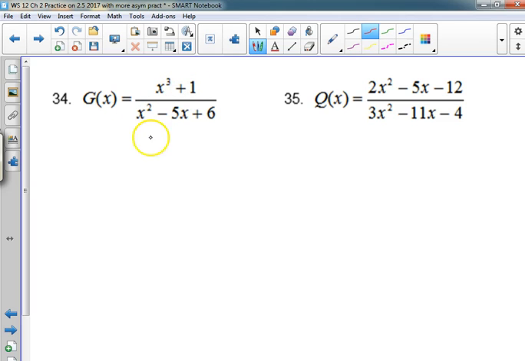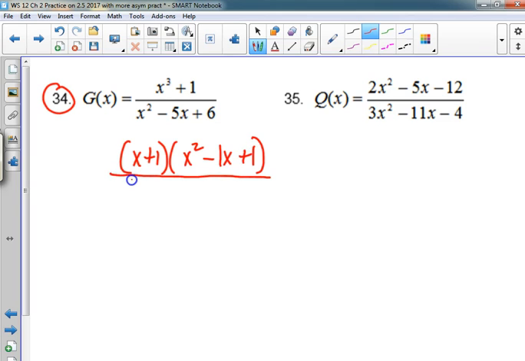How does the top factor? I'm doing 34. X plus 1. Then how does it go? And the denominator? Okay.